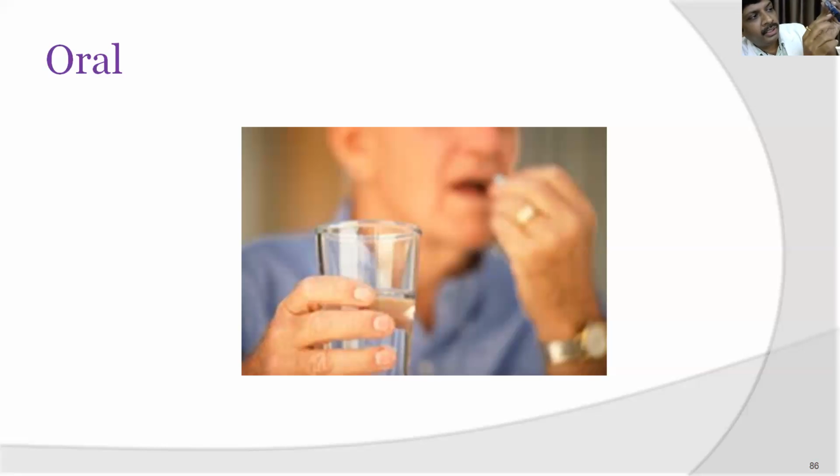Here numbers are marked. So whatever you want to take, you have to keep it at 8, 6, 10, 18, 20, and then wherever you want, locate your site, and then push this button. As you push it, the drug will be delivered. So this is the insulin pen.